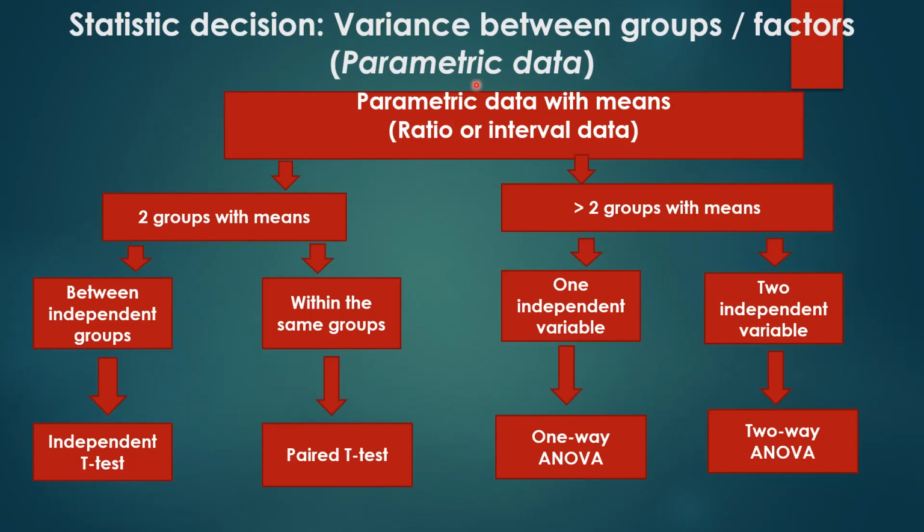So with all the data sets where you have numeric data, figures for which the calculation of a mean will make sense, know that you are dealing with parametric data. If you are dealing with categorical data, you can't calculate a mean there.